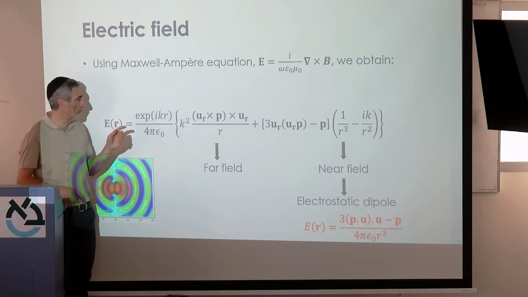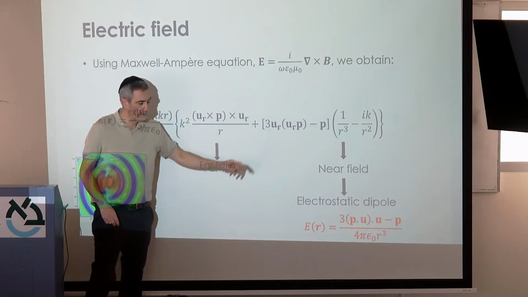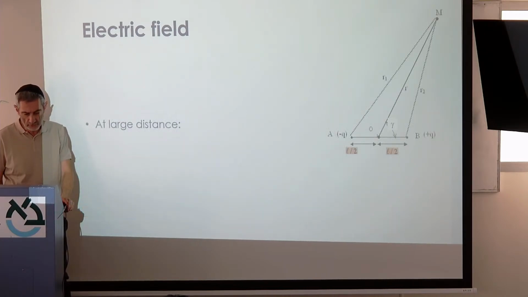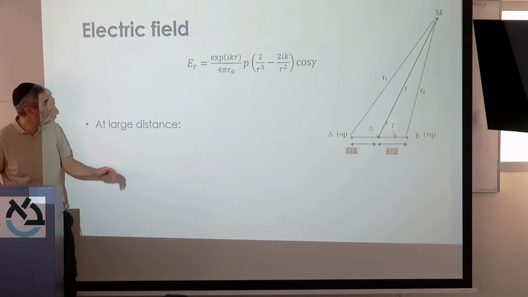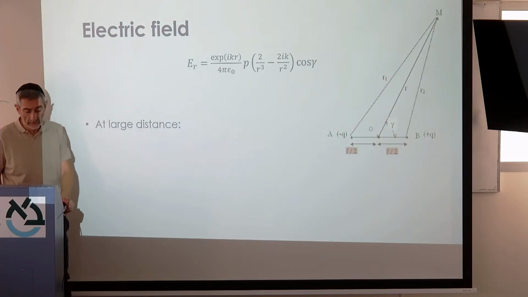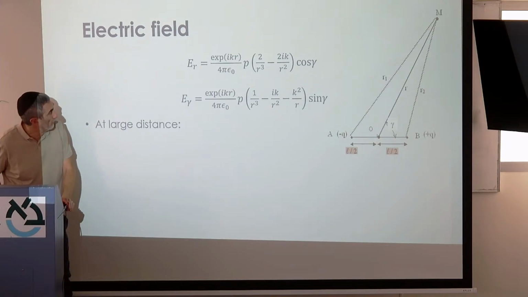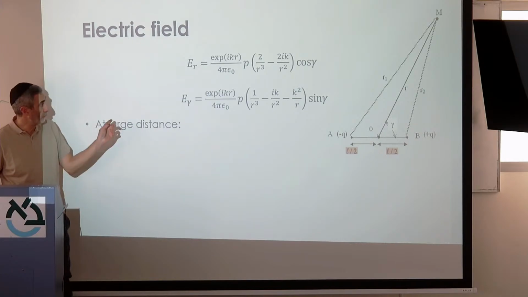I'm not sure, because of this term, the 3 here actually changes the direction. You can decompose the field on the polar coordinates into E_R and E_gamma. So you have these two expressions, which come from the previous formula.